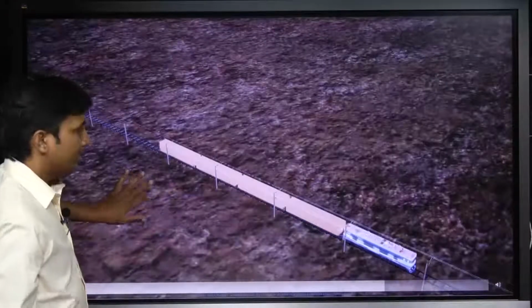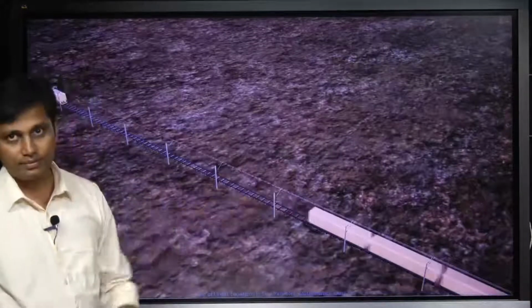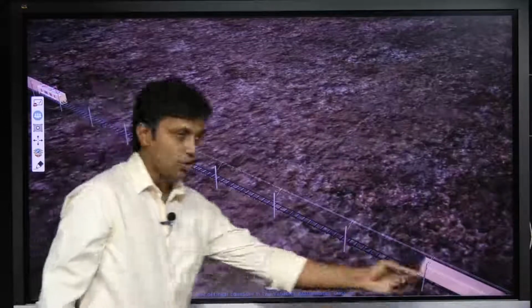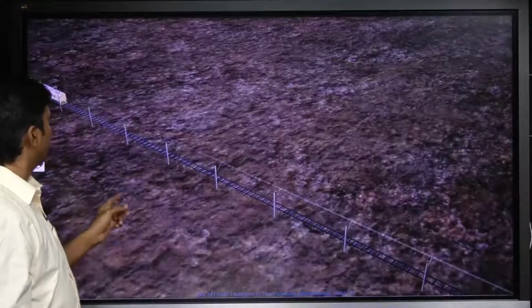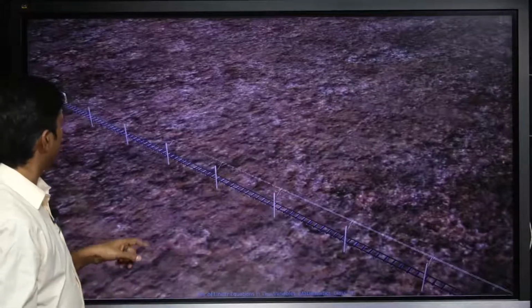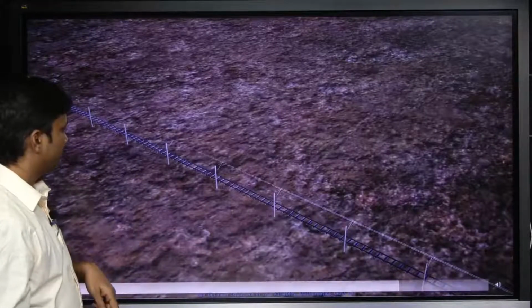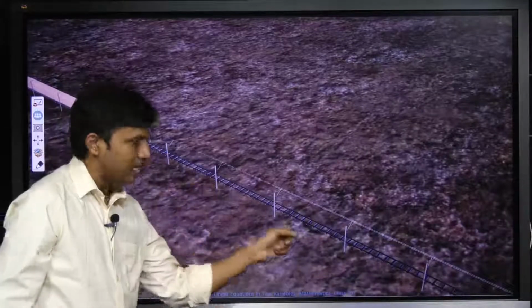See here, how many railway tracks are appearing? Only a single one. So one train has gone. Now what happens? Now another train is also coming on the same track.